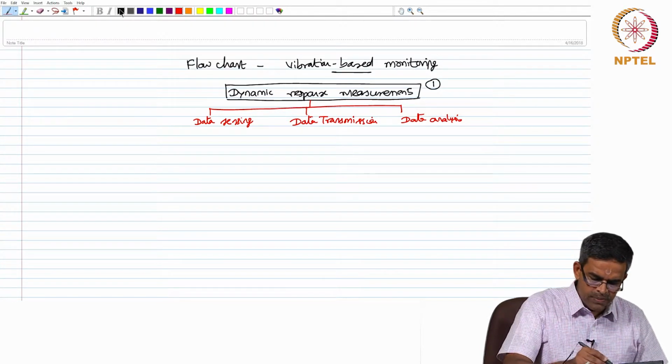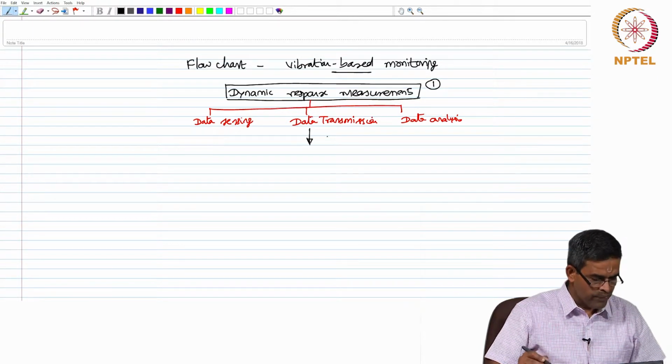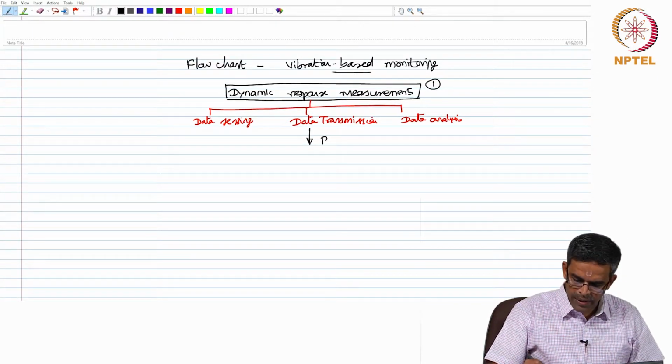Based on this, we will be able to reach and apply it to real time vibrating system.